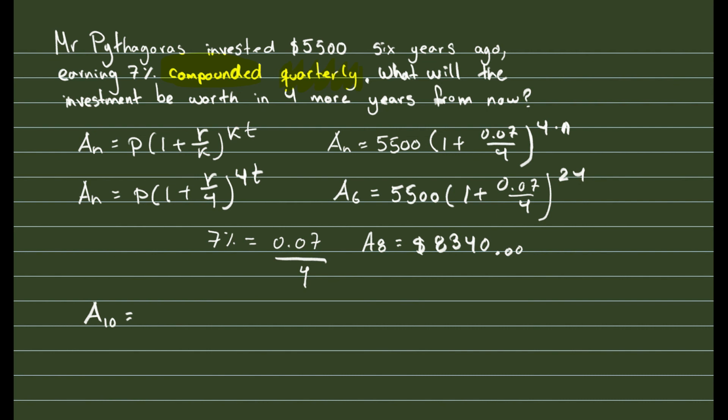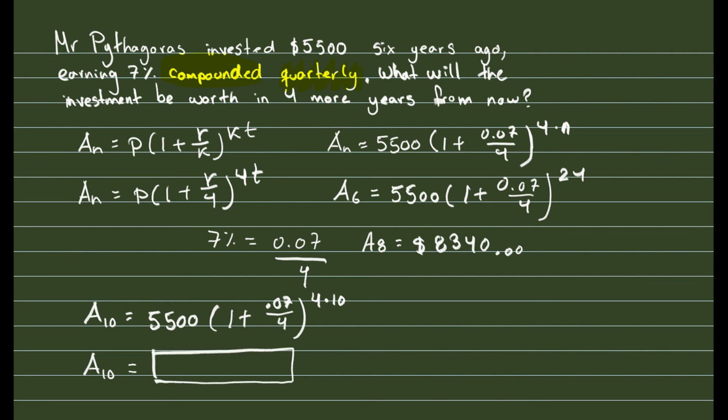This is equal to 5,500 times 1 plus the rate per compounding period. The rate for the year was 7% divided by 4, and then 4 compounding periods per year times 10 years. So the amount after 10 years is equal to you give me that value.